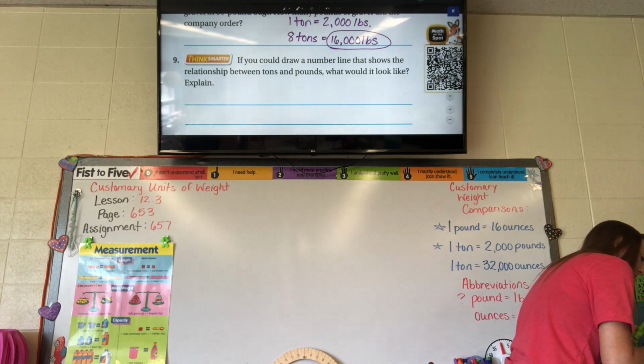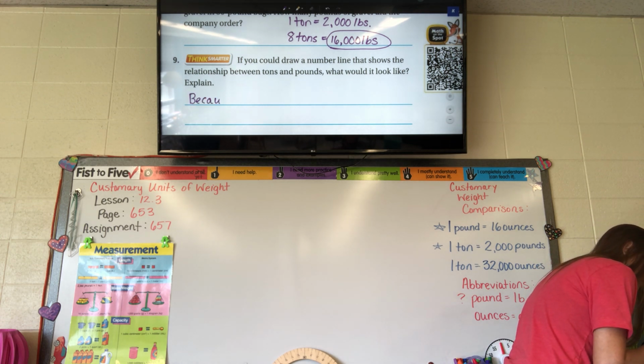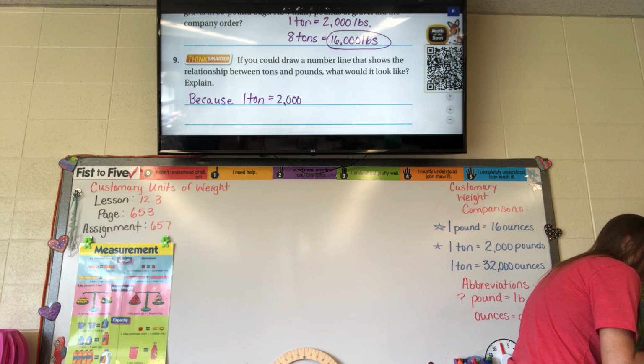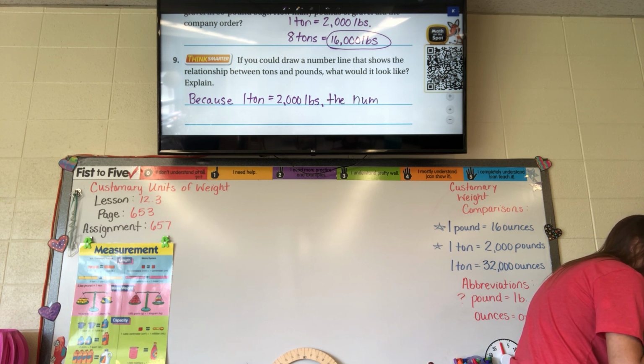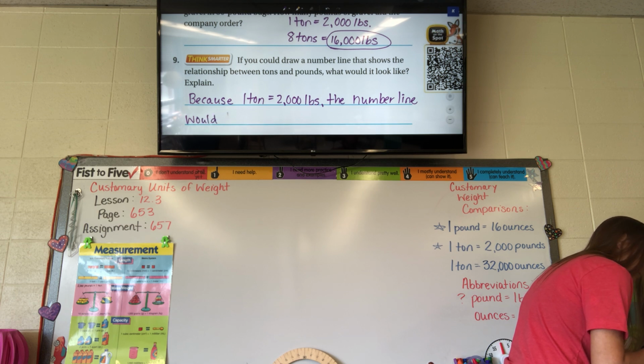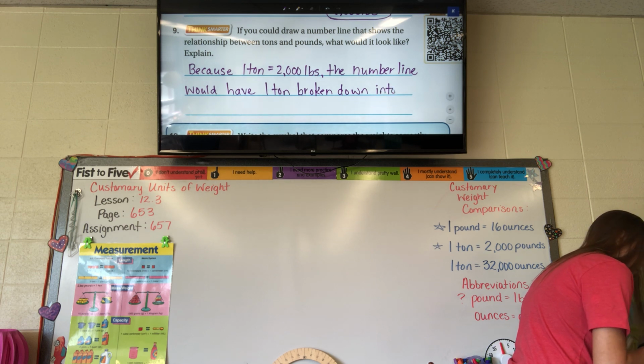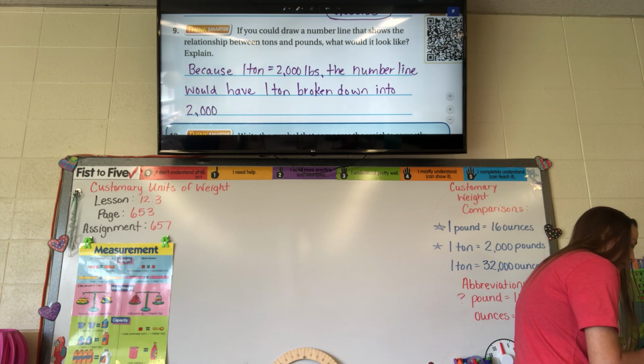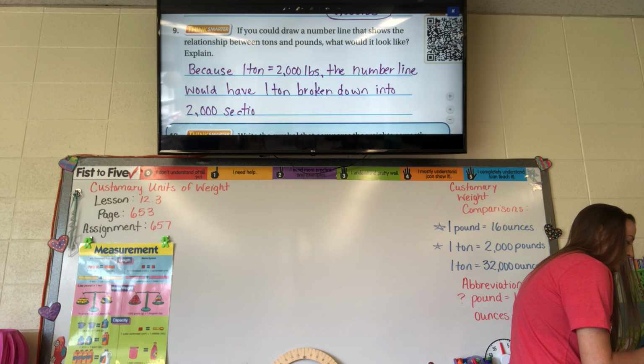So because 1 ton equals 2,000 pounds, the number line would have 1 ton broken down into 2,000 sections or pounds. Okay.